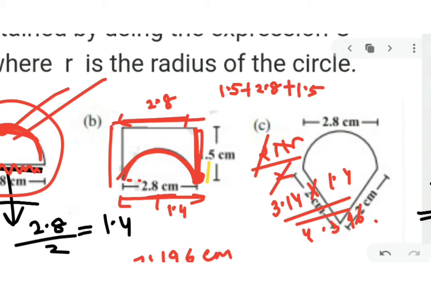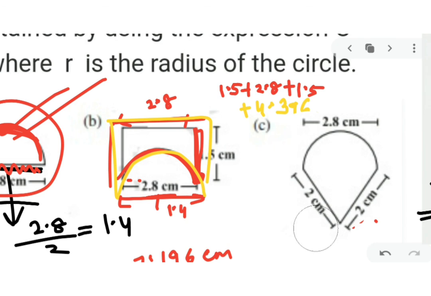She will start from 1.5, then she will move 2.8, then she will come back 1.5, and then she will cross 4.396. So all those things you have to add together to find the value of the perimeter of this structure. Getting my point clear? Yes.